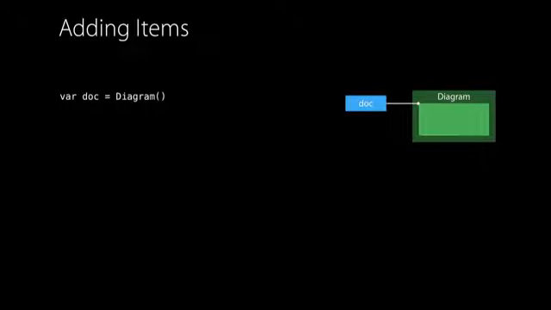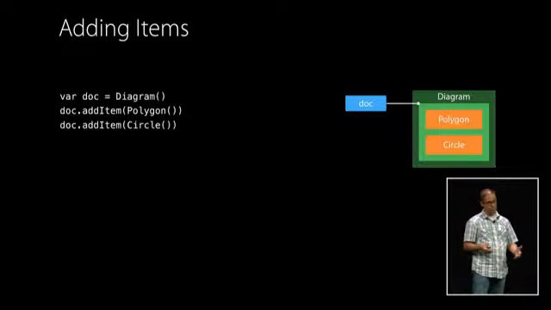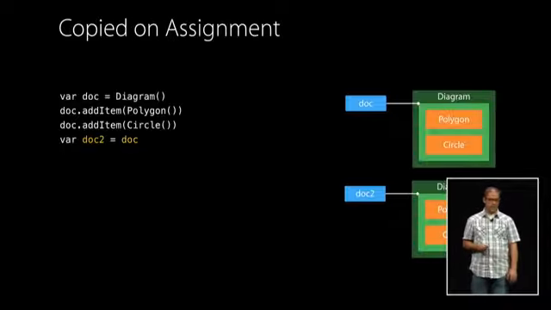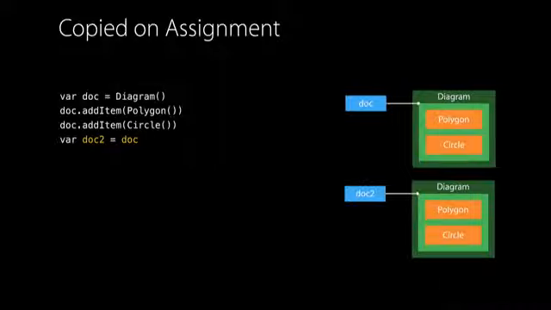We create a diagram called doc. We create a polygon and add that to the array. We create another one, a circle, and add that to the array. Now our array has two Drawables in it. Notice they're different types. When we create another document by saying doc2 equals doc, we get a logically distinct, brand new instance.